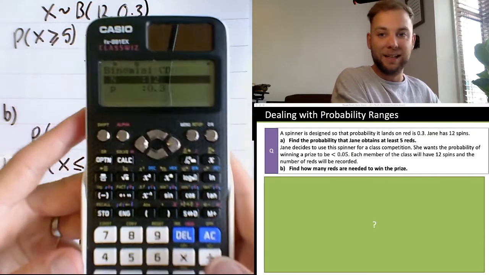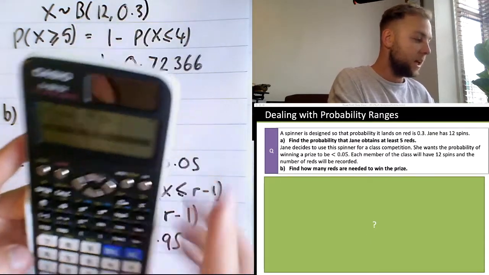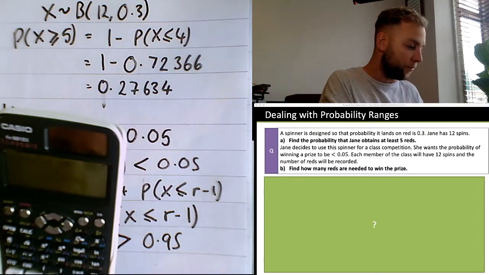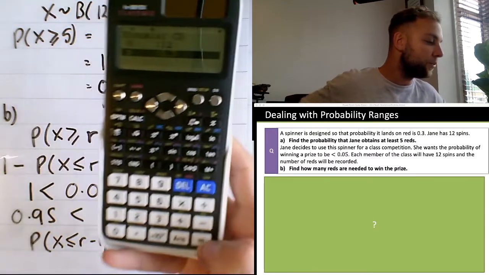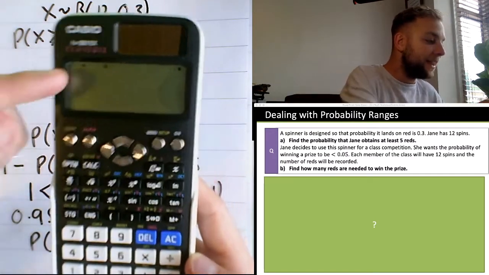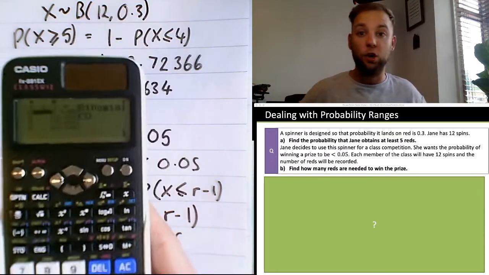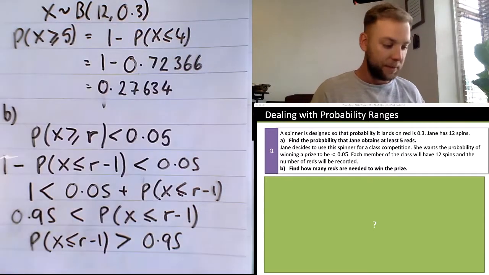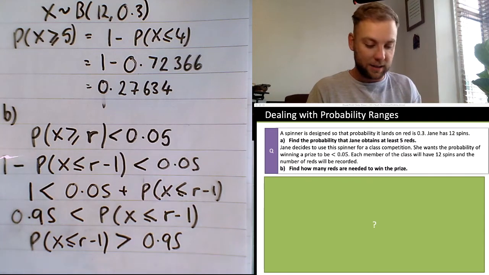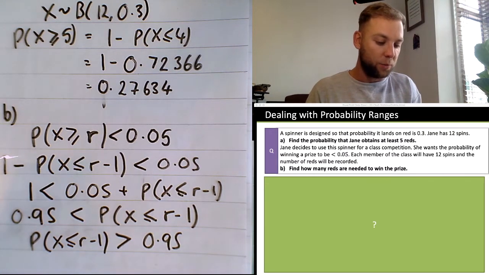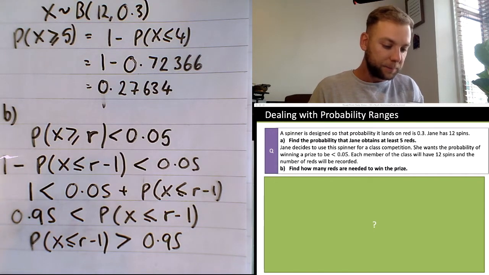My n is equal to 12 in this case. My probability is equal to 0.3. So if I press equals now on that, it gives me the list of all of these cumulative distributions which are less than. So if you have a look on your calculator, less than or equal to 1 is 0.085, less than or equal to 2 is 0.2528.